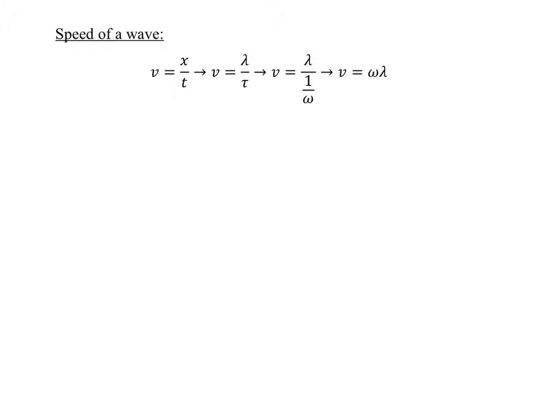So this is just a quick derivation of what we're talking about with the speed of a wave. If we start with our basic formula, velocity is equal to displacement over time. If I'm thinking about a wave, its displacement is measured in meters. Well, that's just the wavelength measured in meters. And time is measured in seconds. Well, the period of a wave is measured in seconds.